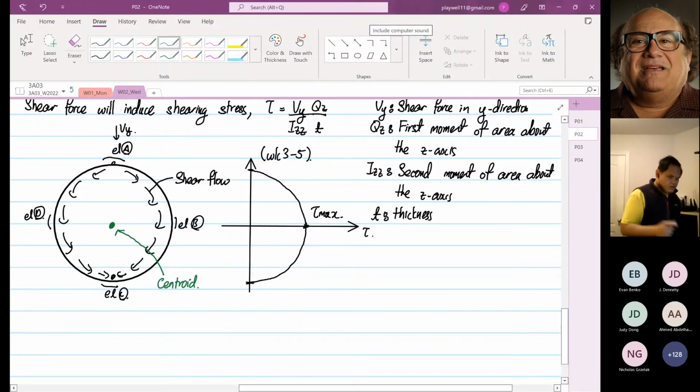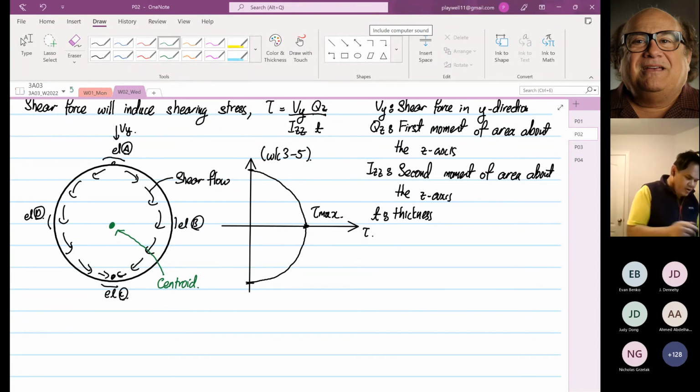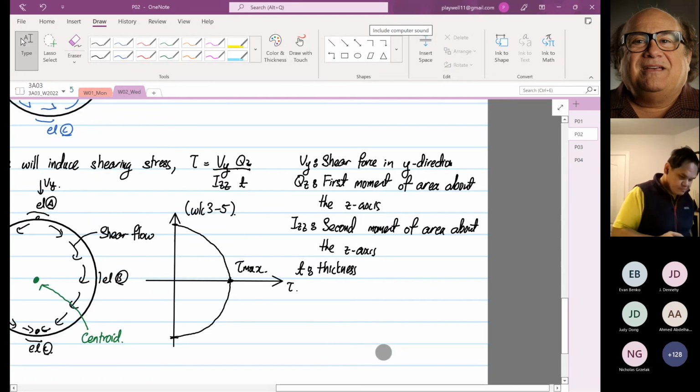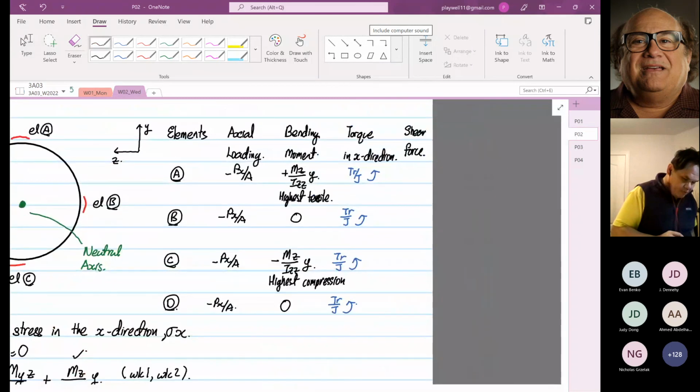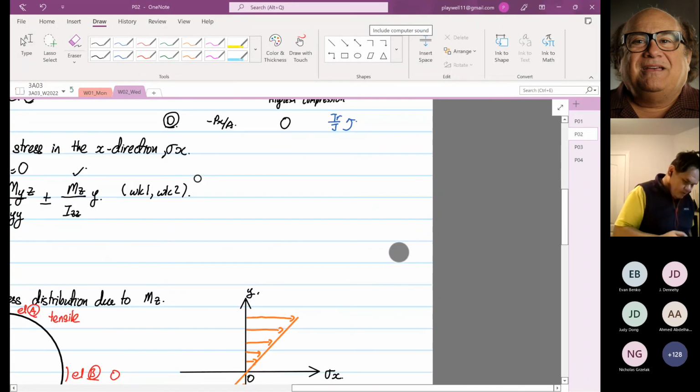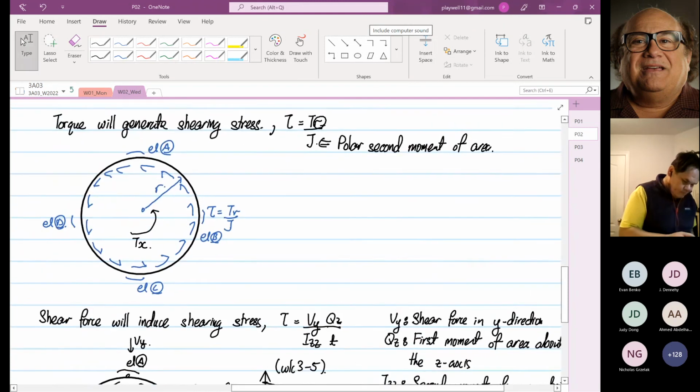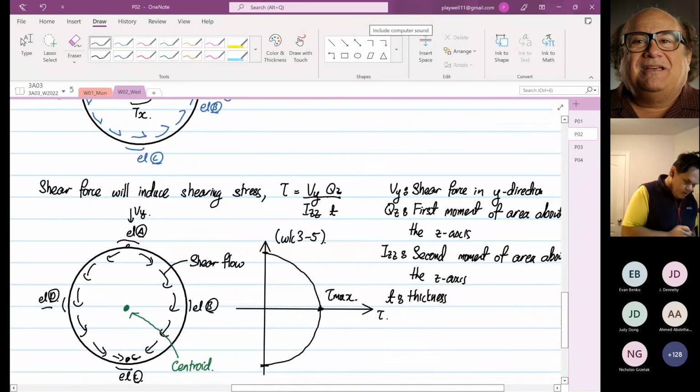What we see from here is that point A and point C have zero shearing stress due to the shear force. Point B and point D have the maximum shearing stress.